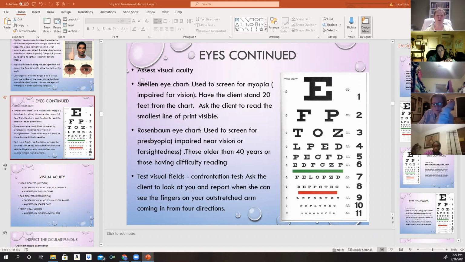So visual acuity is always recorded as a fraction, written as 20 over the smallest line read by the patient, and they don't want any more than 2 inaccurate readings. So you would say my patient has 20/30 vision with glasses, or my patient has 20/20 vision, which is the best vision you can have with no assistive devices. The larger the denominator, the poorer the patient's vision.